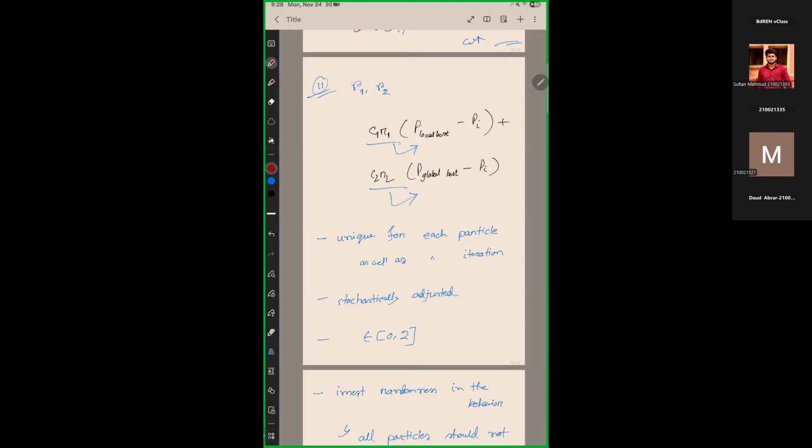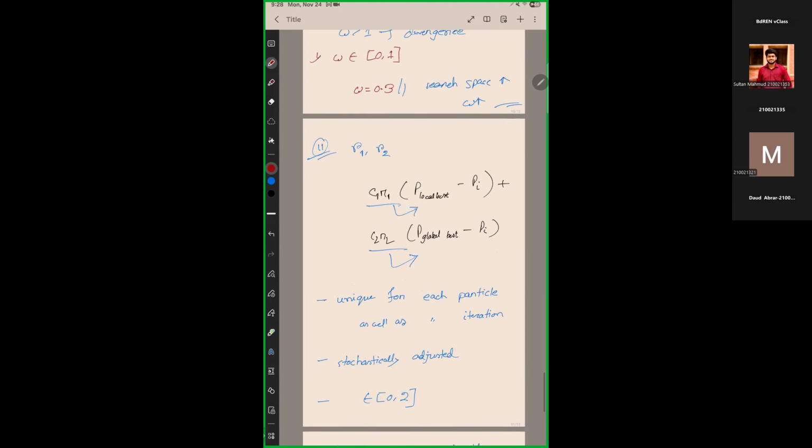There was a question: is the value of omega different for each particle, or unique? The omega from the previous part. The omega value is different, everything is different. Okay sir. But usually we can actually fix a particular omega for the swarm. Normally we update R1 and R2 at each iteration, but the omega value we actually define at a constant value.